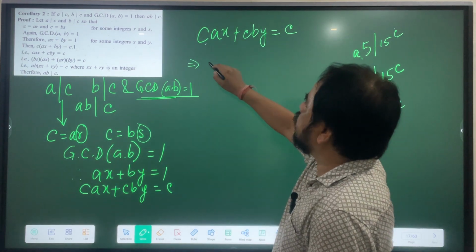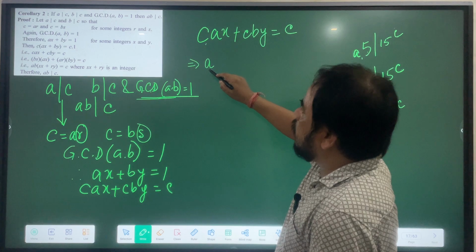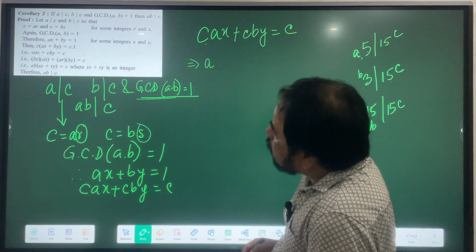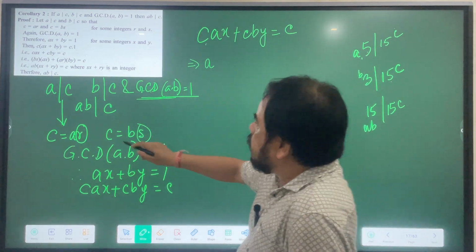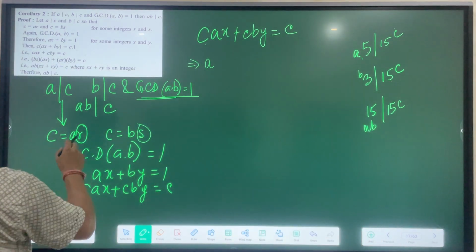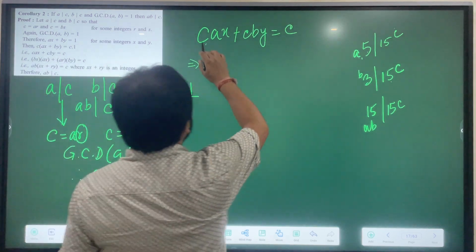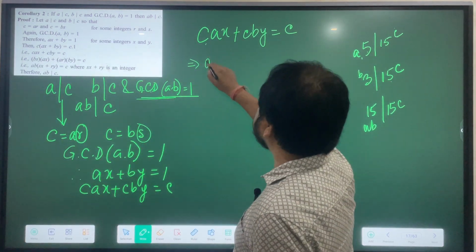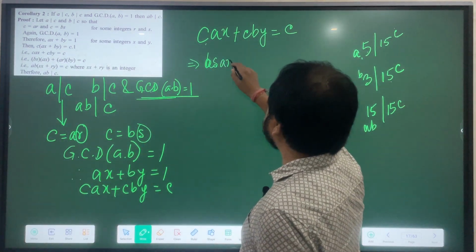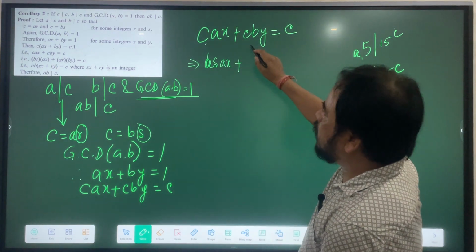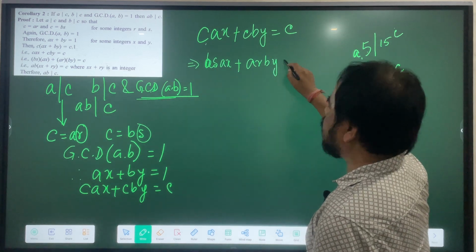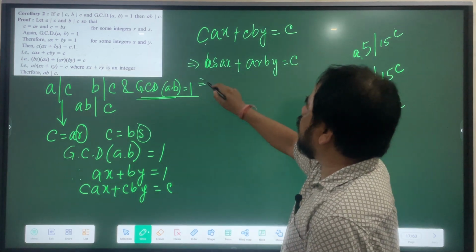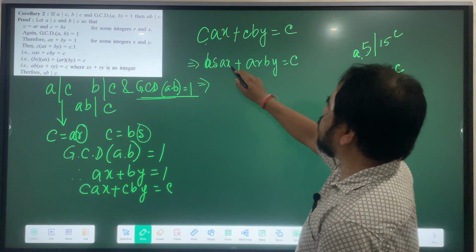In place of c, we will write bs, sorry, c is bs. In place of c, we will now write bs: bsax. In place of this c, we will write ar: arby equals c.